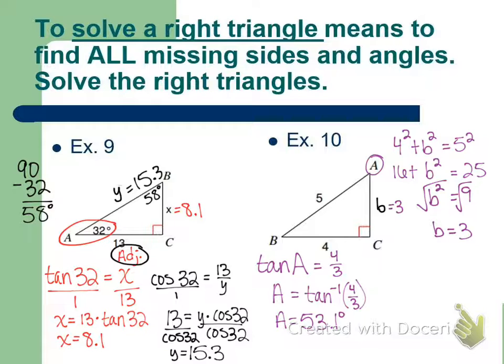In order to find angle B, we could use some more trig, or we could subtract. Subtracting's usually quicker. 90 minus 53.1 is 36.9 degrees. You may have noticed on some of these worksheets that you end up with a lot of the same angle measures frequently.